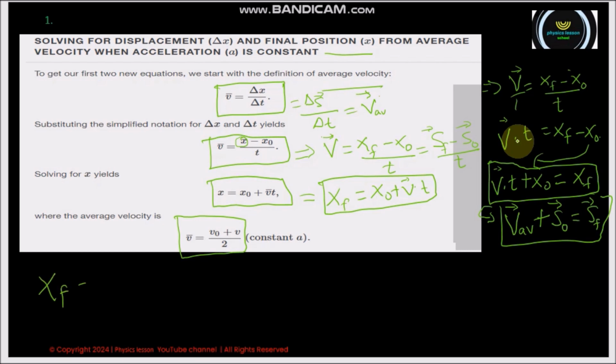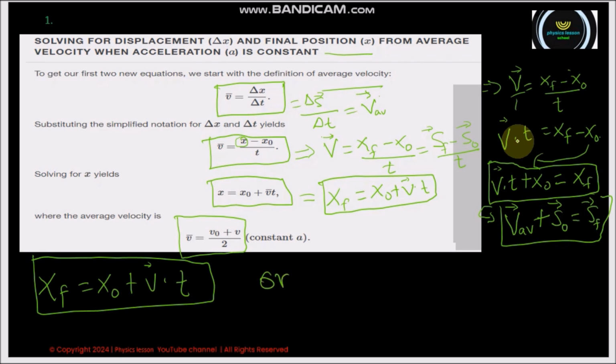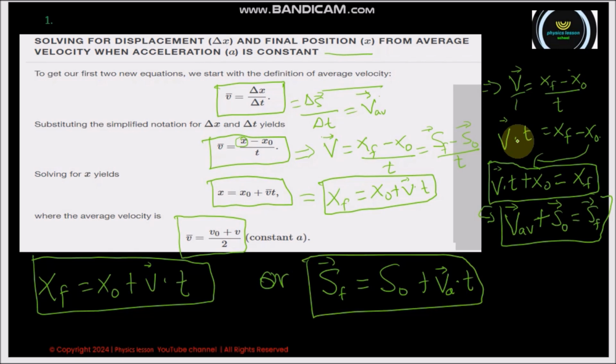The final position is equal to x naught, x initial, plus V average times time, or you can write the displacement final is equal to the displacement initial plus the average velocity times t. Sometimes you get this one, but we are on the horizontal. All right.